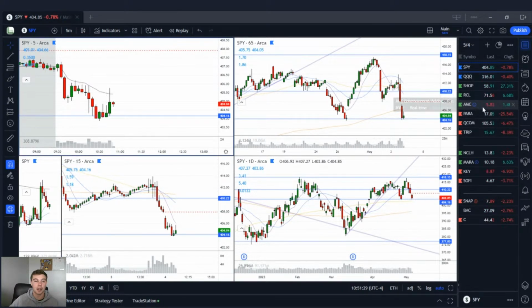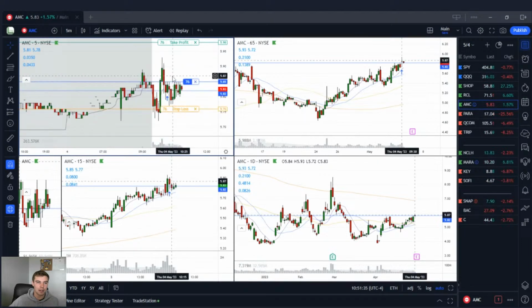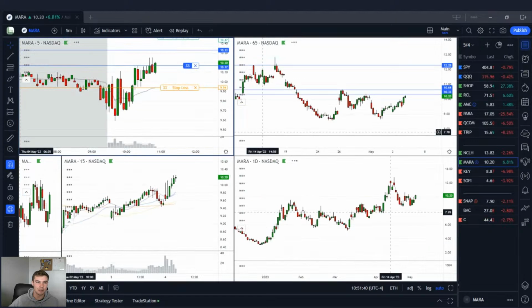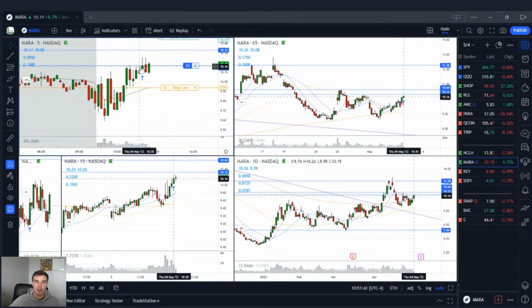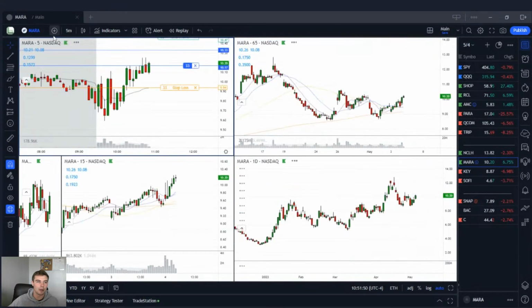On my grading scale, it was an 89.7. So technically, it should be above 90 to be a quality trade. It needs to be above 90, but it's so damn close. And when relative strength is as strong as it was for this, look at that, guys. Look at the relative strength on Mara.